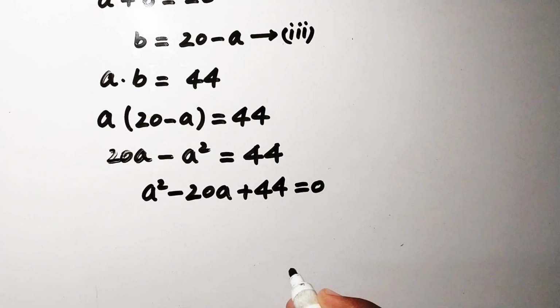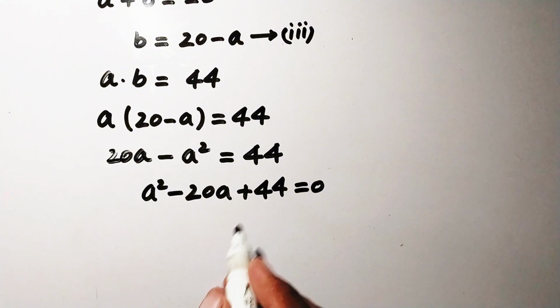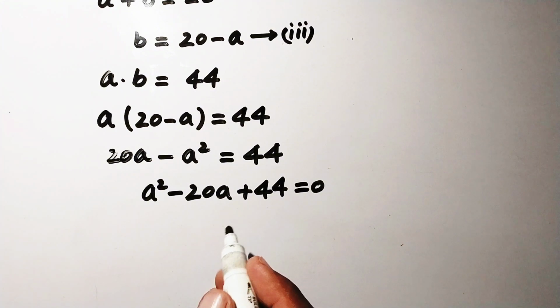44 equal to 0. Now here, as we have gotten a form of a quadratic equation, we will solve it further using the quadratic formula.